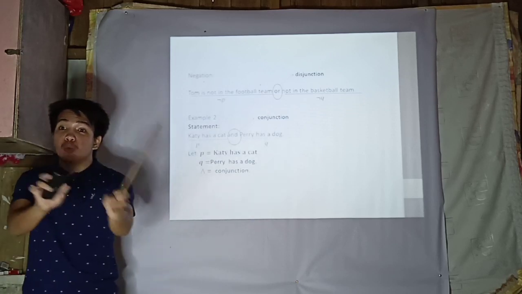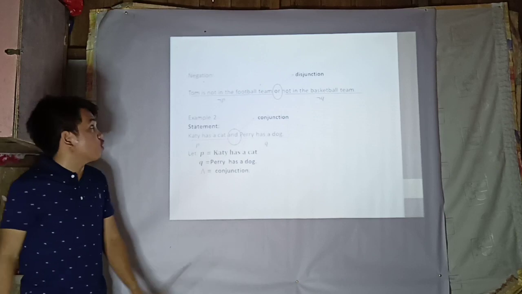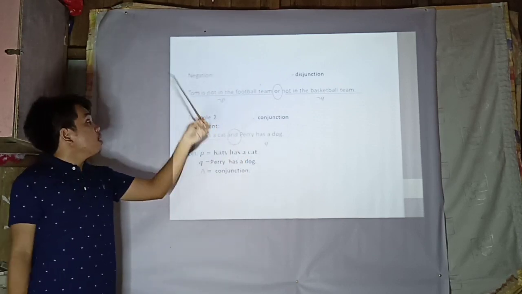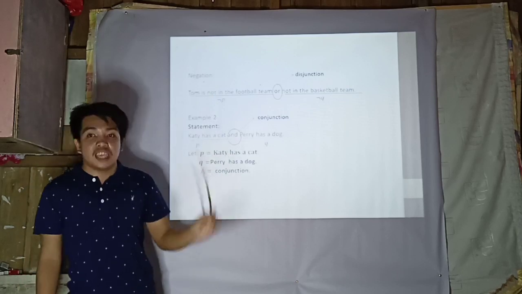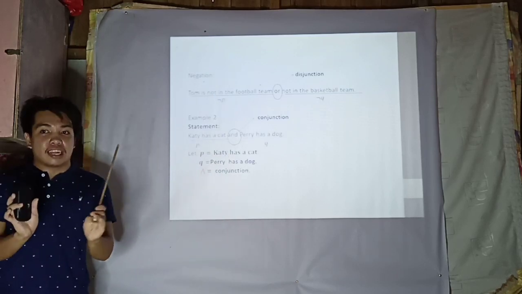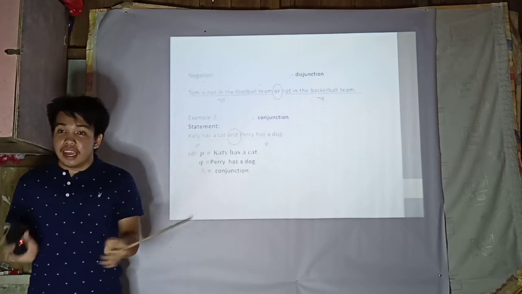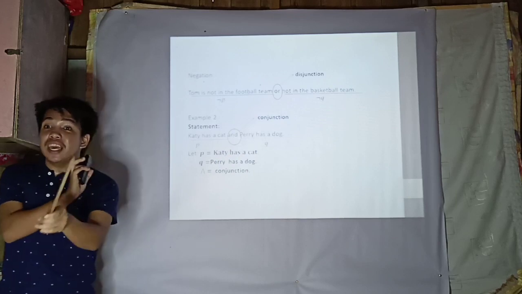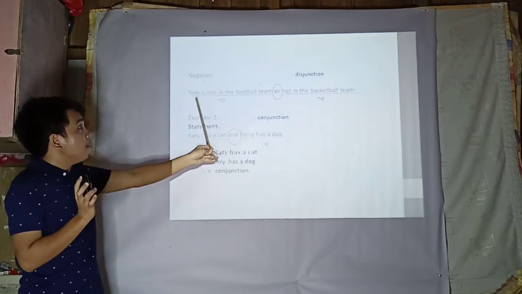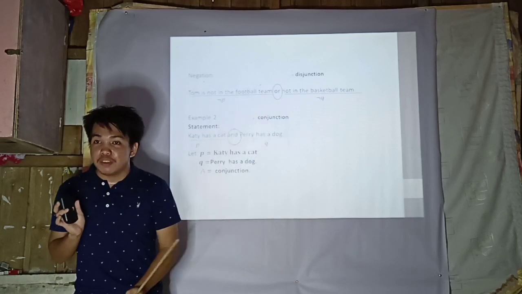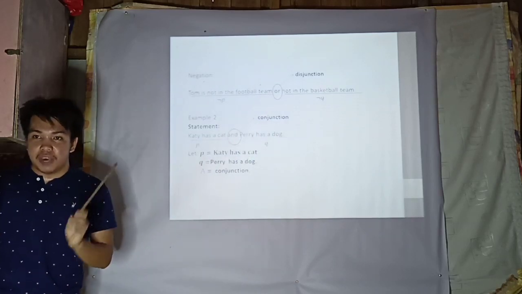The true statement will become a false statement. So the true statement from earlier, Tom is in the football team. If we negate the true statement, we must add "not". If we negate the P, we add "not", so it will become Tom is not in the football team. That is the negation of P.